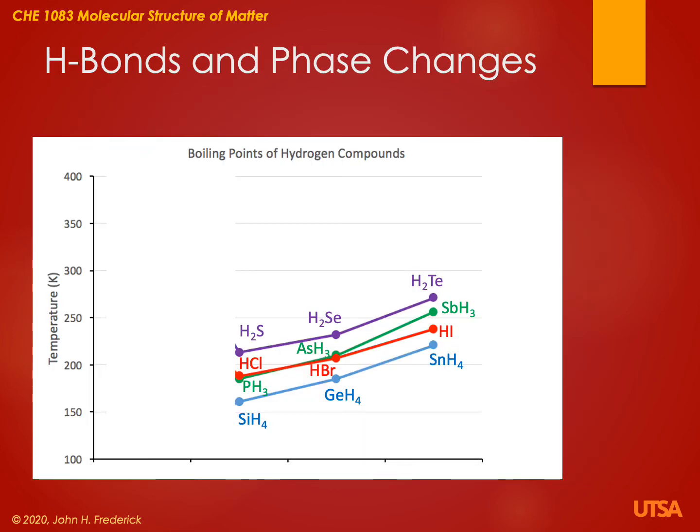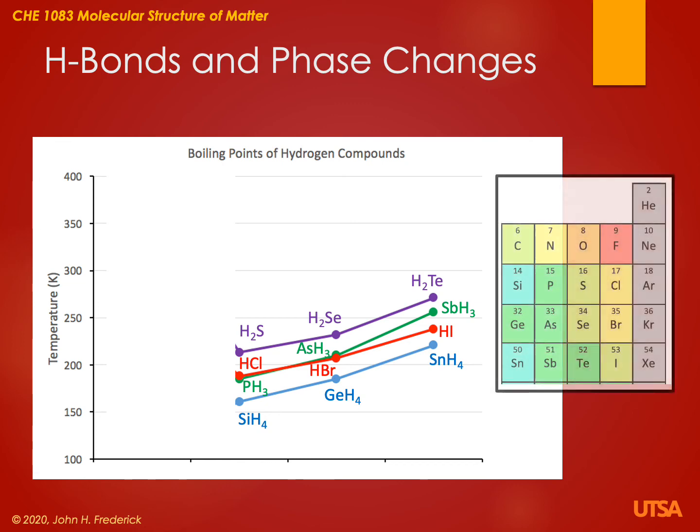Now let's look at another indication of the strength of hydrogen bonds, and I want to consider the boiling points of compounds between elements in the main group of the periodic table and hydrogen. So I'm showing you 4 of these, and I'll show you where they are in the periodic table. It's these 4 groups that are forming bonds to hydrogen.